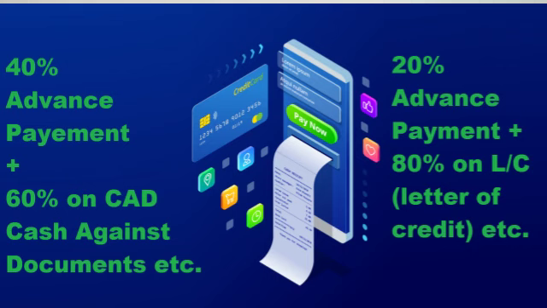This will definitely reduce the risk for the buyer, because the buyer has 70% of the payment in hand and only 30% has been given to the supplier. In case of advance payment, buyer and seller have to mutually agree on the percentage, whether 100% advance payment or less than 100%.